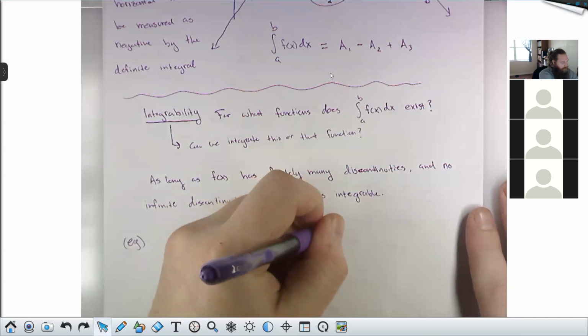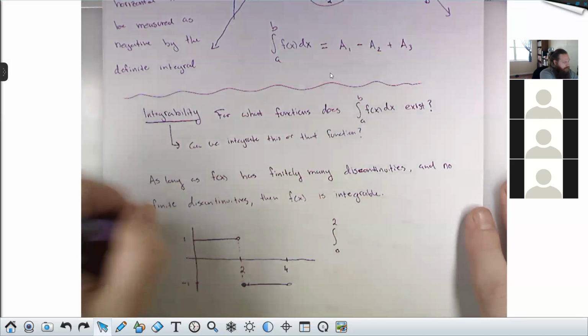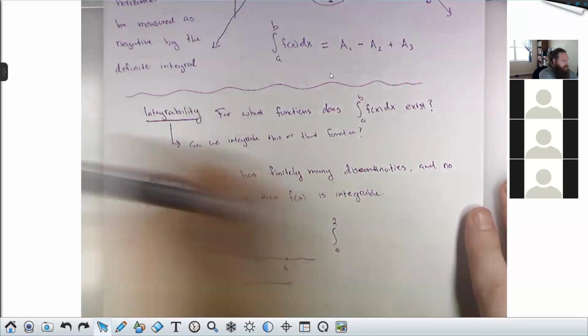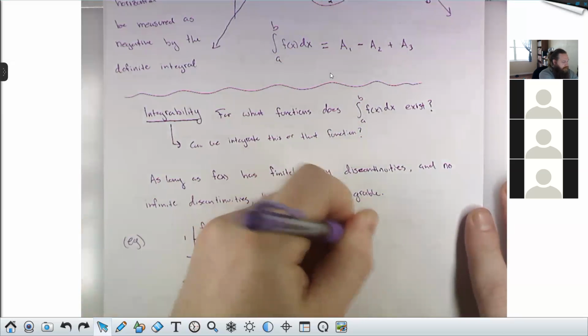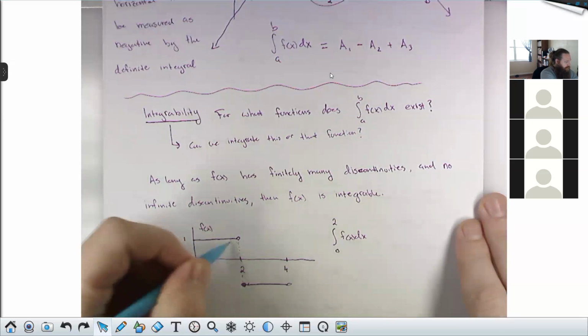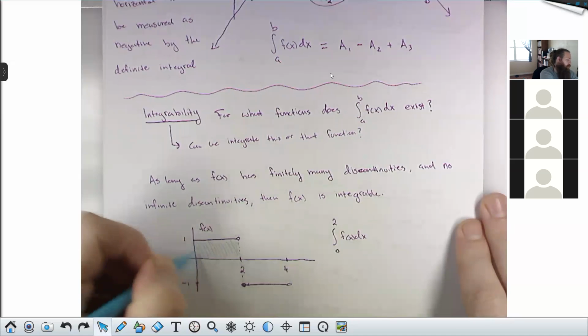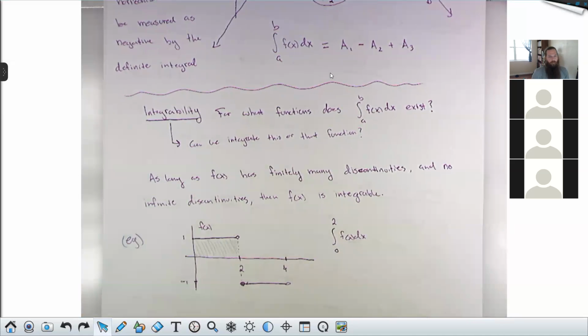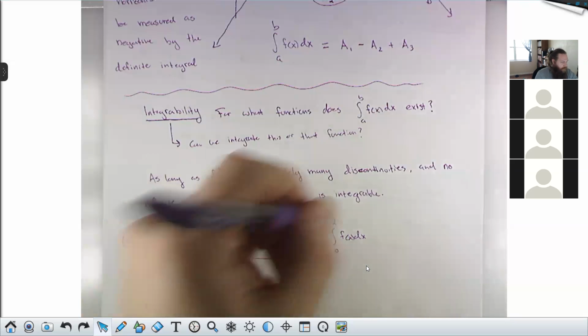So here, the integral from 0 to 2, we'll call this f of x, of f of x dx, that would just be the area under the graph from x equals 0 over here to x equals 2. This is fine. The area here is a rectangular region, so we can say right away what the exact area is. The base here is 2, the height here is 1, and so the area bounded by f of x from 0 to 2 would just be 2.